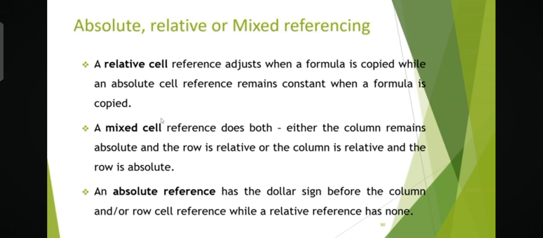Now they're saying relative cell referencing adjusts when a formula is copied, while an absolute cell reference remains constant when a formula is copied. So let's do absolute cell referencing before we complete what we have here.